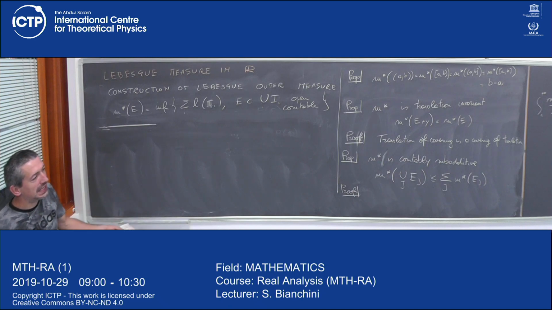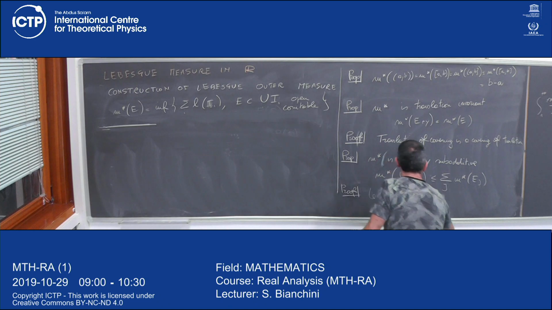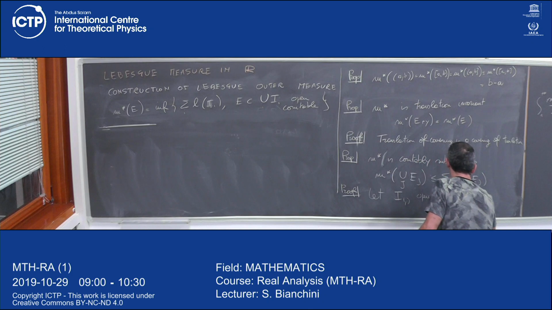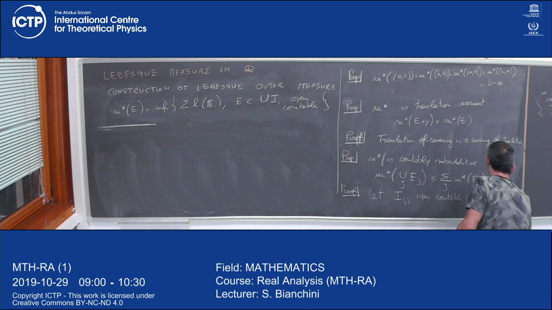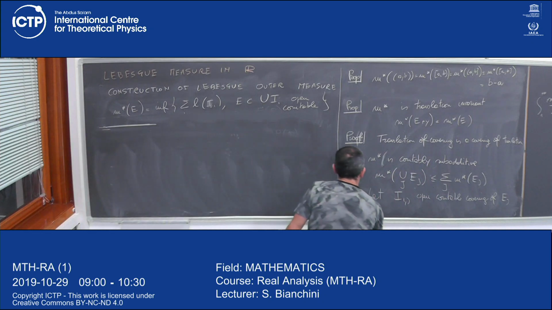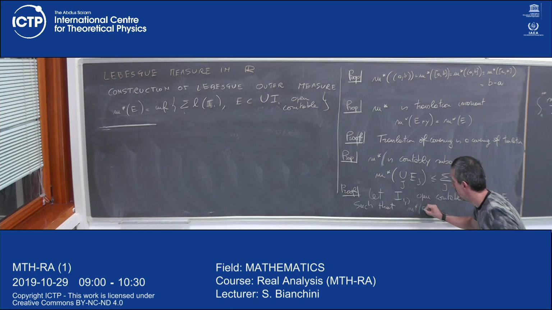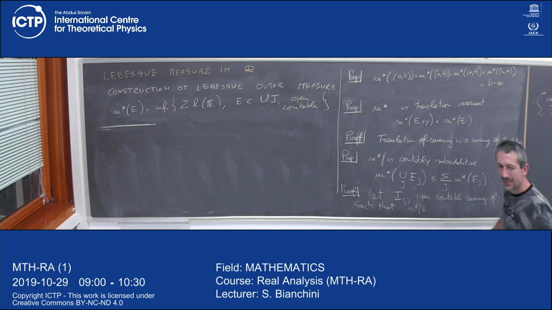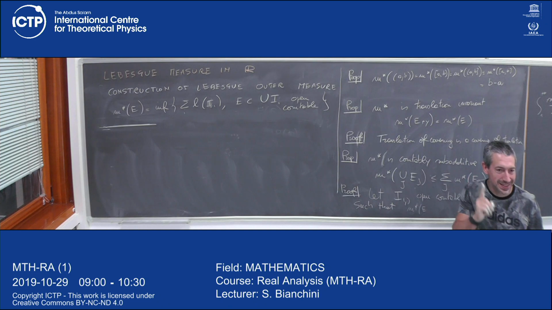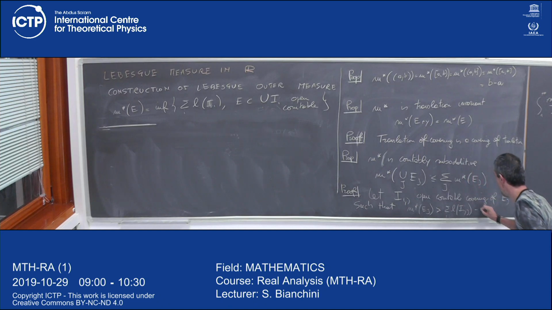I have to use the definition. So, let's take a covering of E_j. So let I_j open countable covering of E_j such that the outer measure of E_j, okay, I do the proof with, let's say, a mistake, is at least the sum over i of the length of I_ij minus epsilon 2 to the minus j.